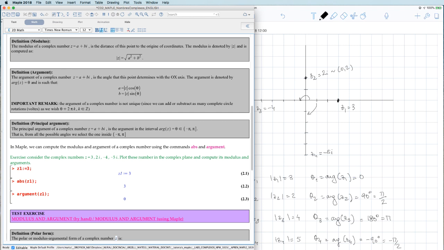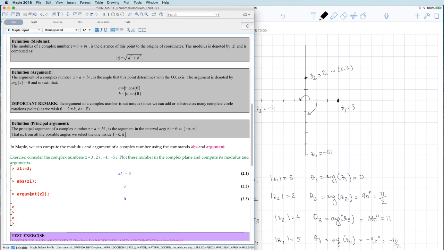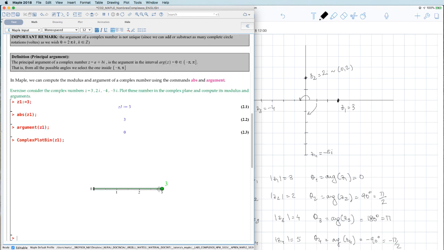Okay, so in this case, if we use the complex plot plane function, we have that this number is on the OX axis, so we have a 0 angle. So if we do the same with Z2, now let's do it again.